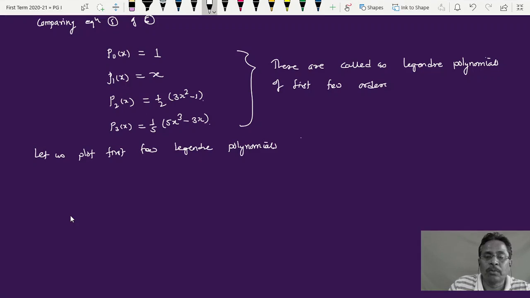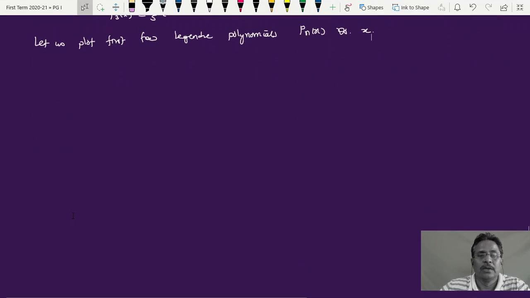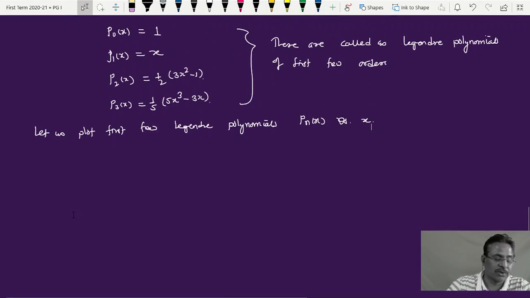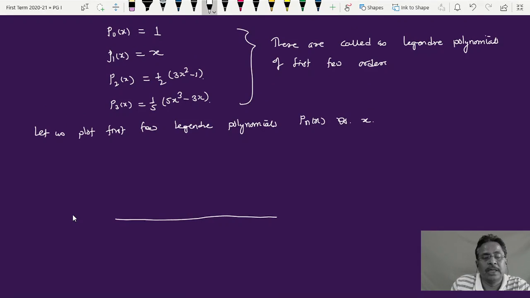That is, we have to plot a curve P1 of x versus x. So let me draw a particular diagram here. This is a parallel line. This is origin 0. Then this is 0.5, plus minus 0.5 on the right side. This is 1, minus 1, plus 1.